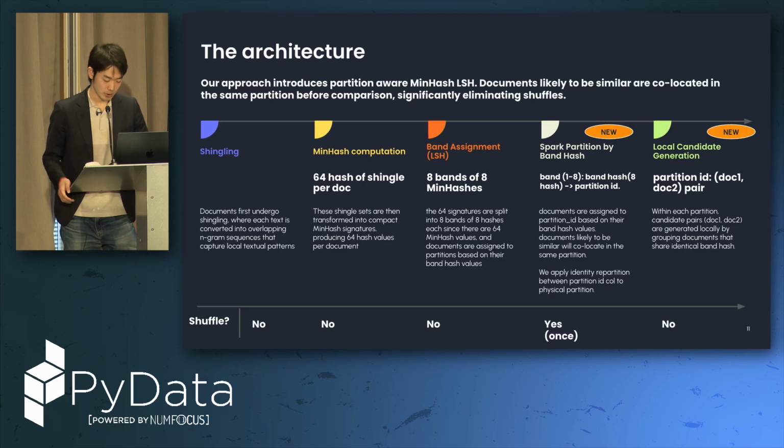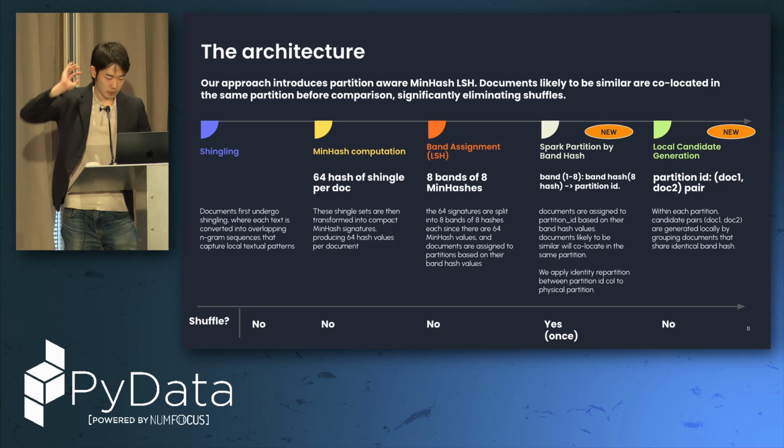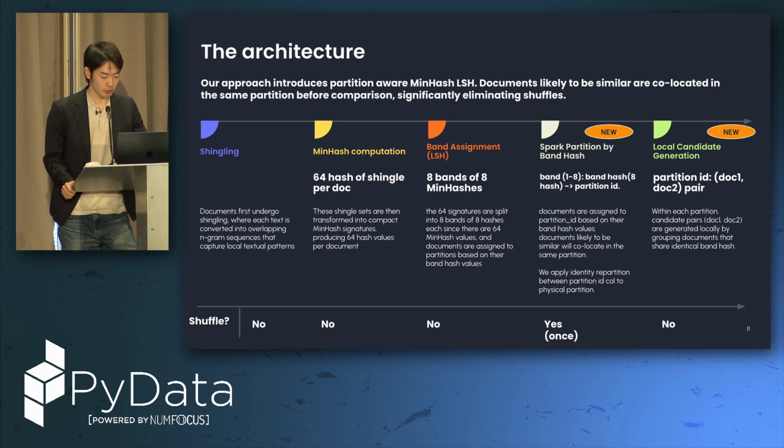So first, this is where the innovation starts: Spark partition by band hash. Here, documents are assigned to each partition ID based on the band hash from the previous step. This means the documents likely to be similar will collocate in the same partition.